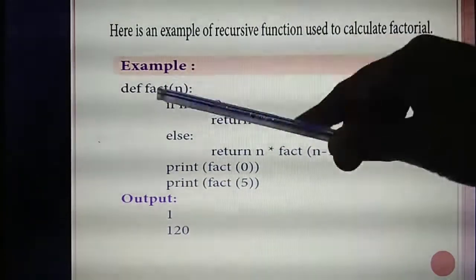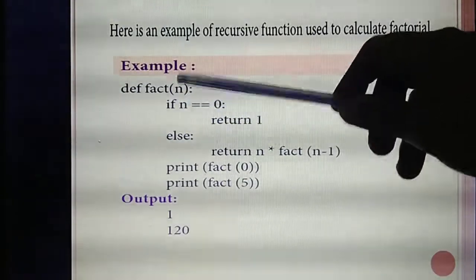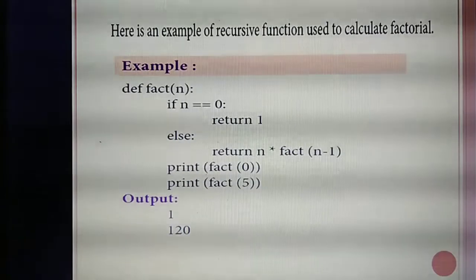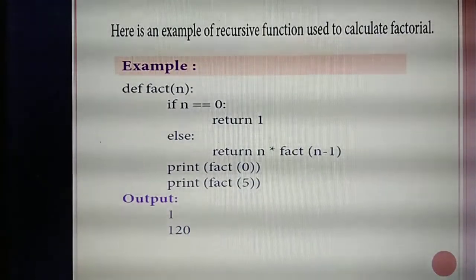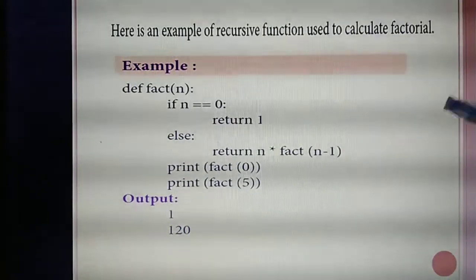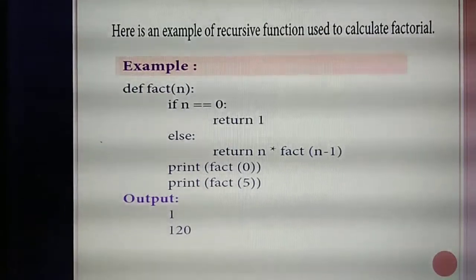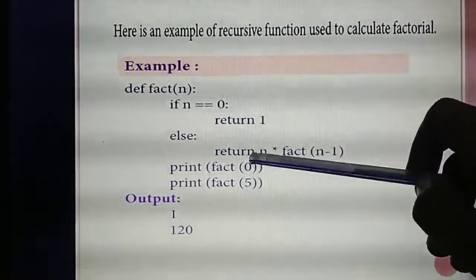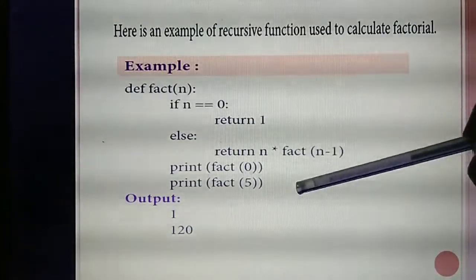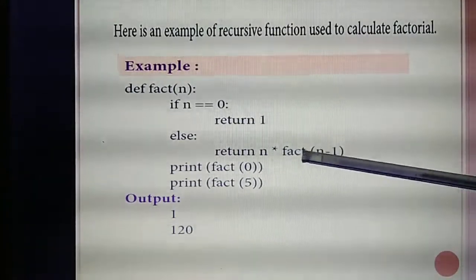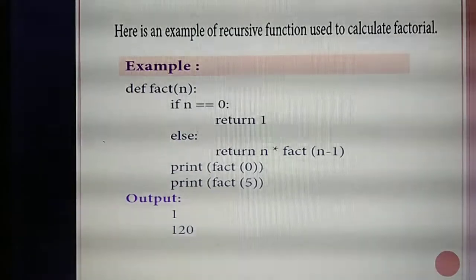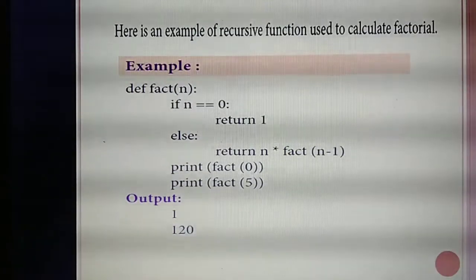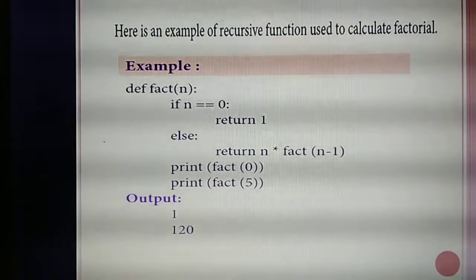Then you give one condition: if n double equal to 0, then return 1, so you get the output as 1. Else, if the value is not 0, it will calculate the formula. What is the factorial formula? n into factorial of n minus 1.